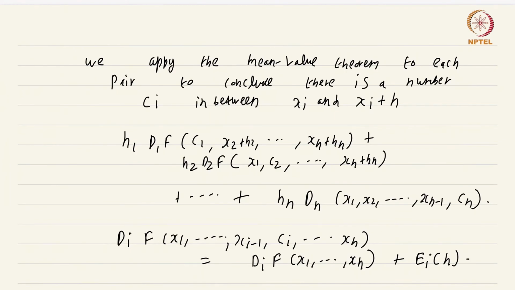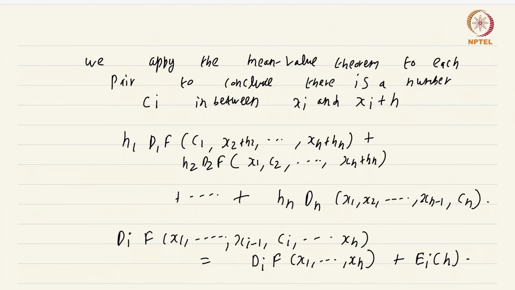What I'm saying is, each such partial derivative d_i f of (x1, ..., x_{i-1}, c_i, ..., xn) is equal to the partial derivative at the point x1 to xn plus this error term e_i(h), and this error term goes to 0 as h goes to 0. Well, this just follows because partial derivatives are assumed to be continuous in the hypothesis. We have assumed that each partial derivative is continuous, so there will be this error term, and this error term will go to 0 as h goes to 0.